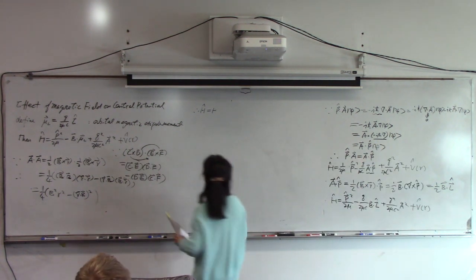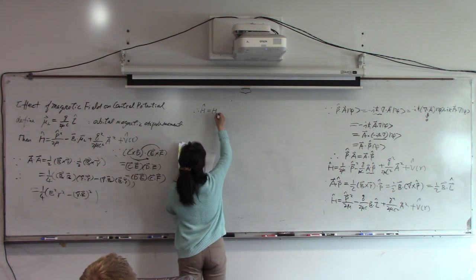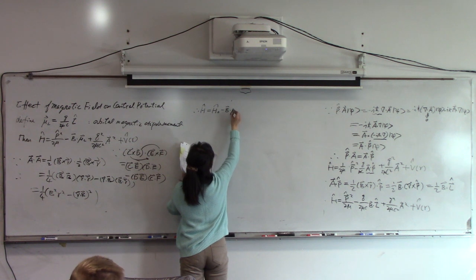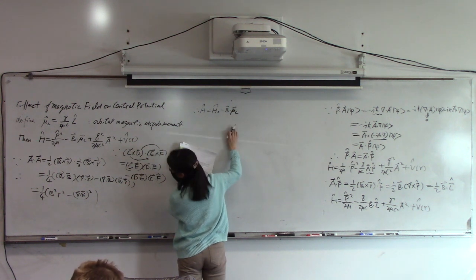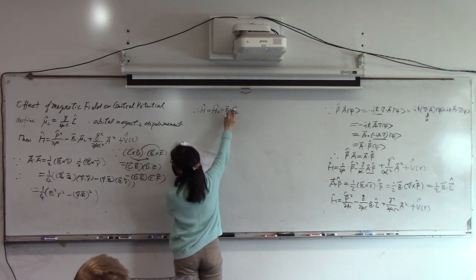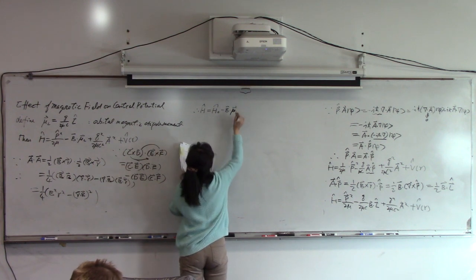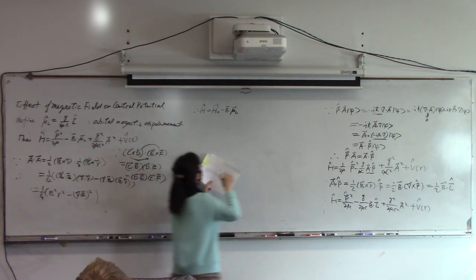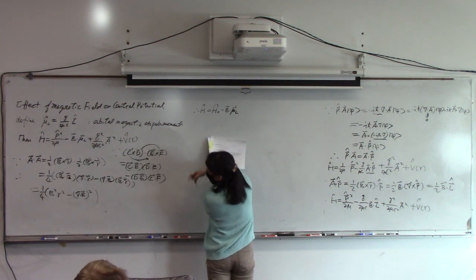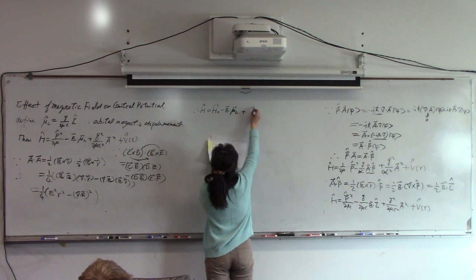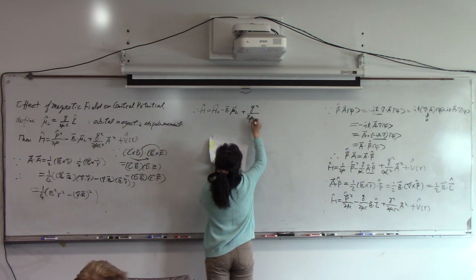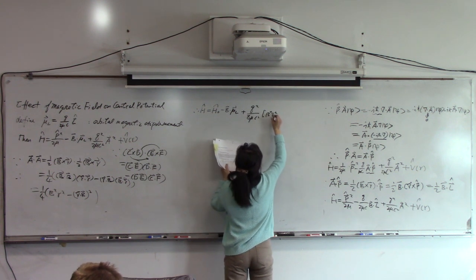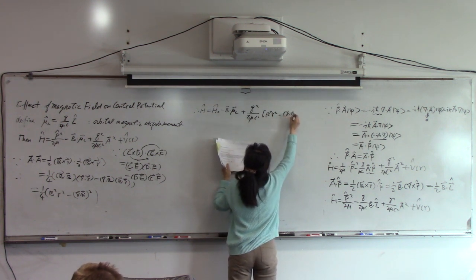This is a central potential. So H naught minus B inner product, the interaction with the magnetic dipole moment. If you can write down this operator, or at least you know this operator, because orbital angular momentum is an operator. And then that one, right? So then it's Q squared over 8 mu C squared, B squared R squared minus R dot B squared.